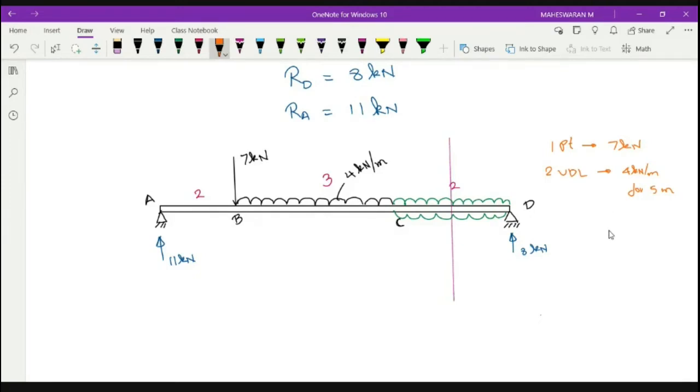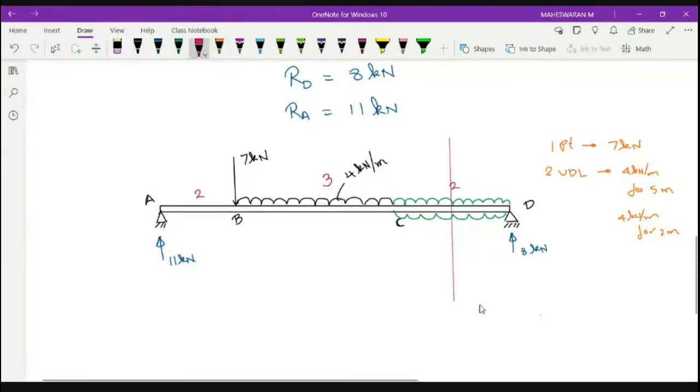The second one is another 4 kilonewton per meter in the downward direction, below for 2 meters. So you have three loads, one point load and two UDLs. One will be a positive value, the other negative, based on clockwise or anti-clockwise direction. Okay. So these are the values.